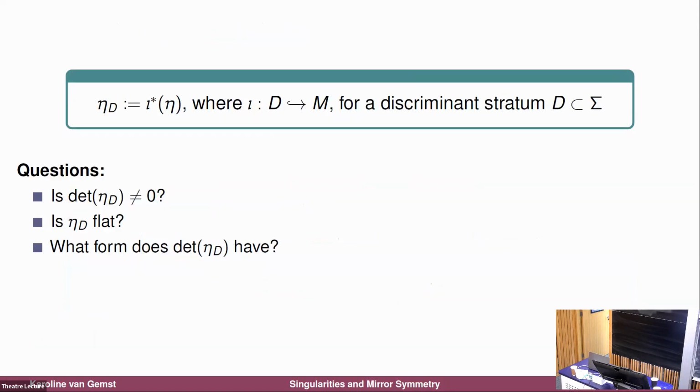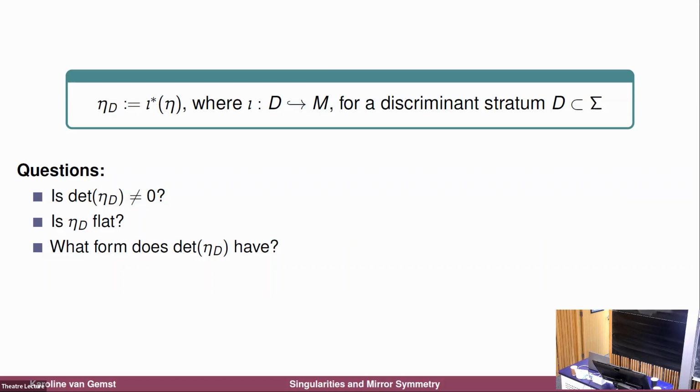I'm talking about the pullback under the embedding of any discriminant stratum into the orbit space. And then you can ask some basic questions, like, okay, so we now have a non-degenerate metric. Is it still flat?